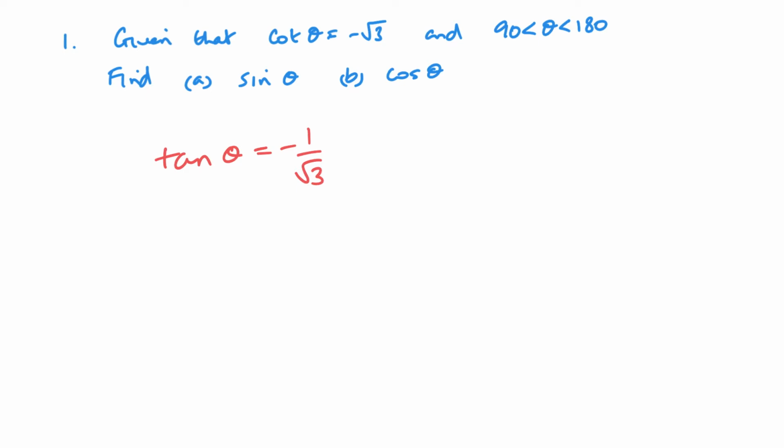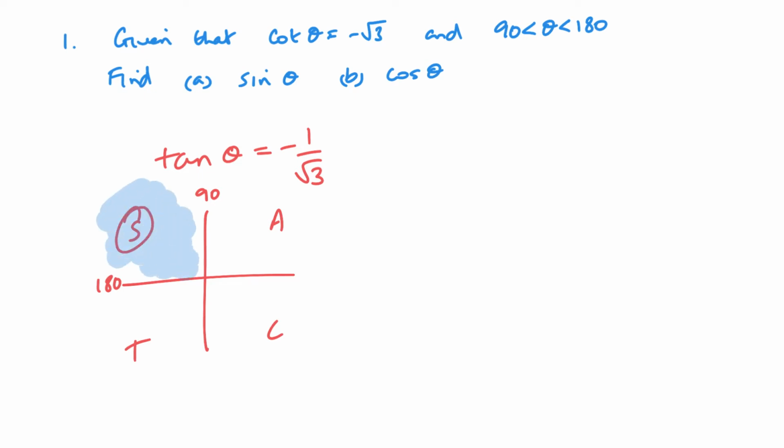Then if I also have a little look at my CAST diagram, between 90 and 180 puts me in this section here. Okay, in this section. Now, that's important when I start to look forward.